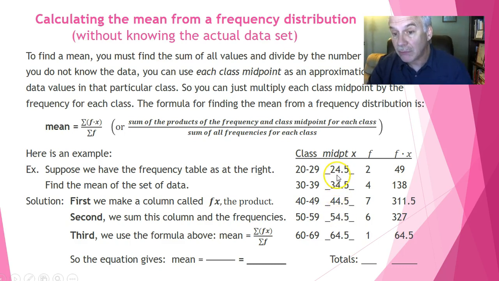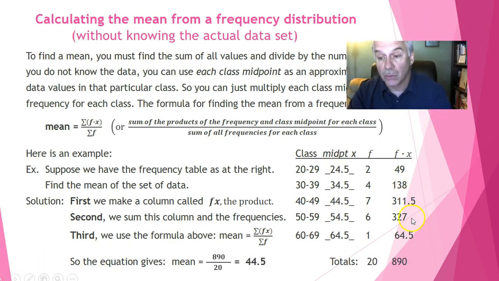And then what I also did is multiply the midpoint times the frequency, because we have to form these products of frequency times midpoint. So 2 times 24.5 is 49. 4 times 34.5 gives you 138. 7 times 44.5 gives you 311.5, etc. I'm just multiplying the midpoint times the frequency to get the FX column.